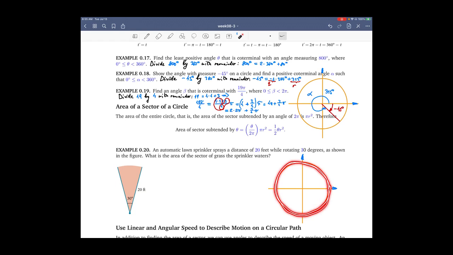And 3/4 of a half revolution. Because pi is half revolution, we need 3/4. So we end up here at the point which is the midpoint of this arc.